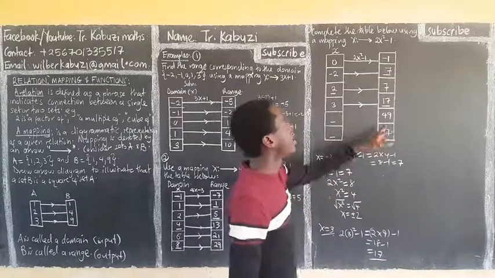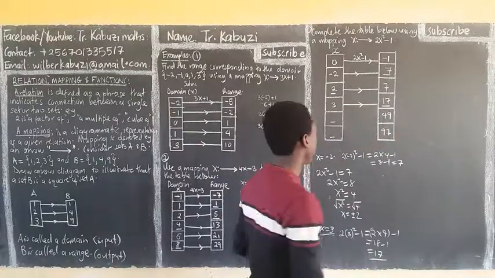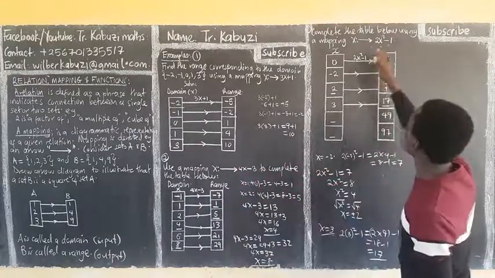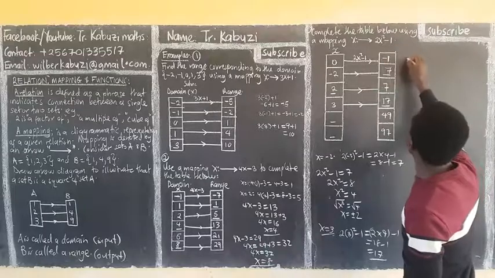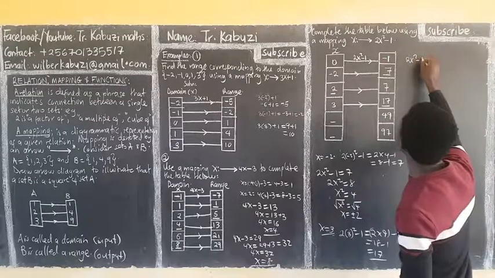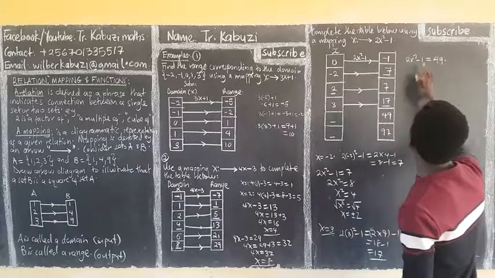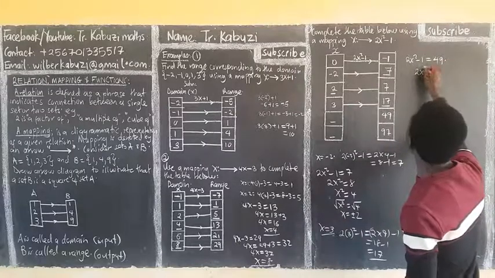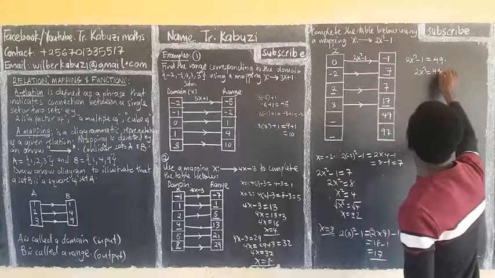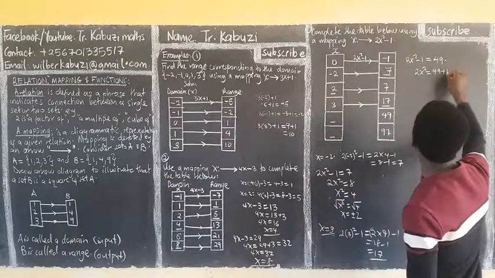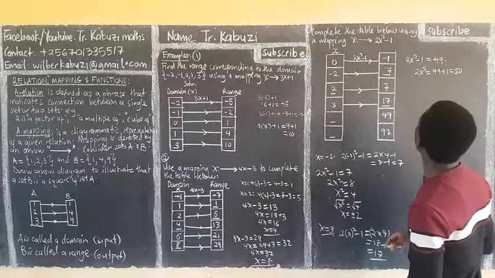Okay, now they are giving us the range within the domain. What you do, you come and equate this to this. So there we are having 2x squared minus 1 equaling 49. So take this side, I have 2x squared equaling 49 plus 1, when this one comes this side, which will be 50.